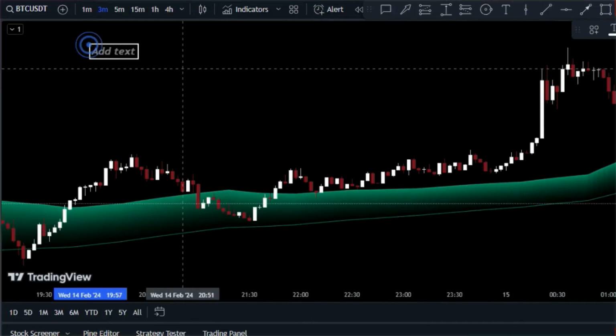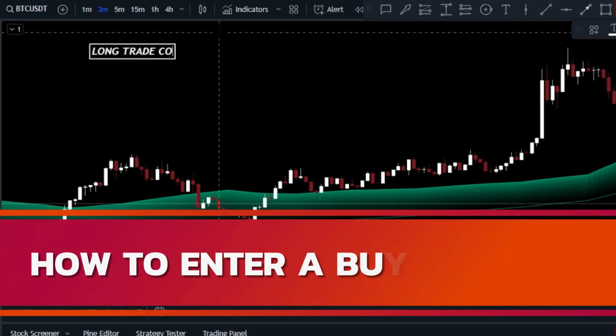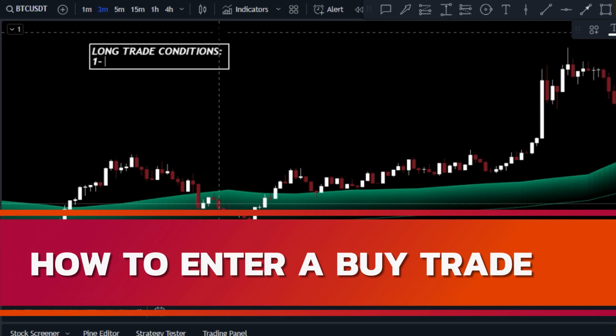To enter a buy trade, first ensure the market is in an uptrend, which means the price should be above the liquidity weighted moving average indicator ribbon.